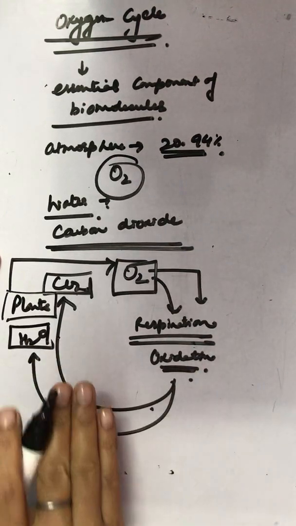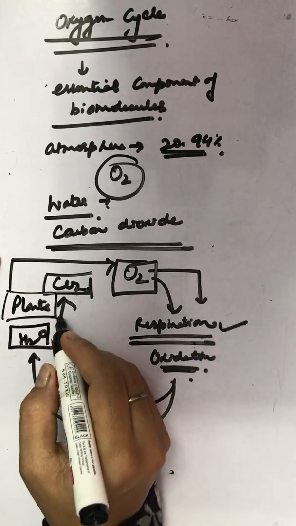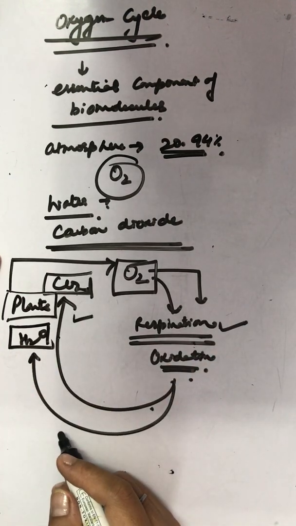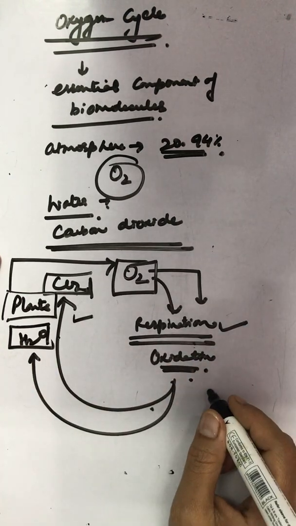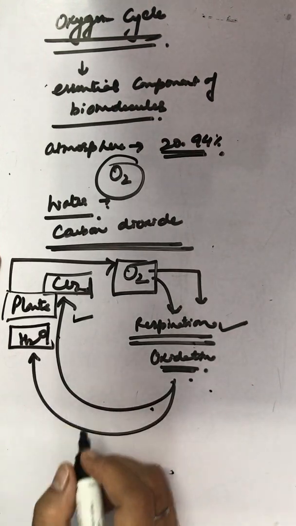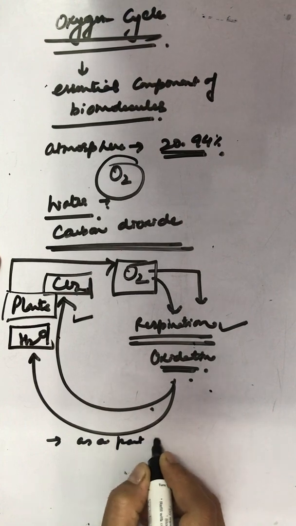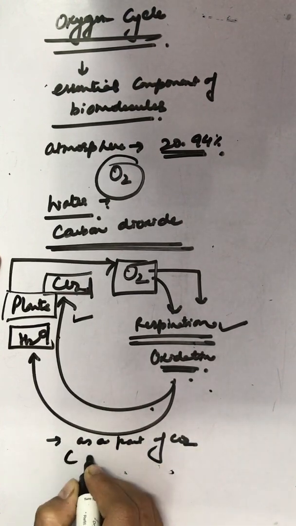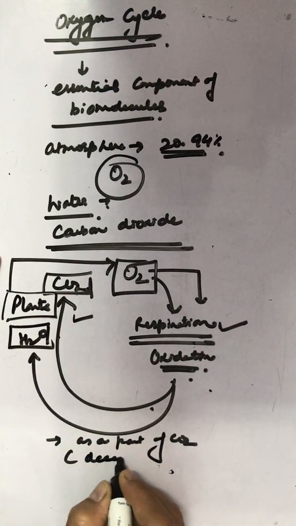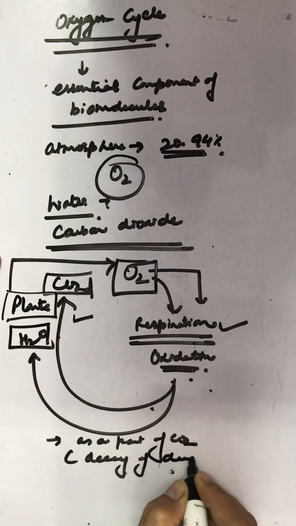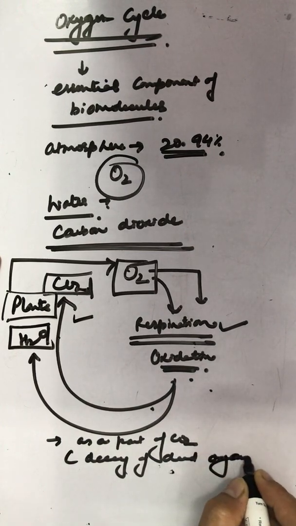It is maintained by the process of respiration as well as photosynthesis. Oxygen is also released as a part of CO2. How come? As a part of CO2. Where? By the action of decay of dead organic matter.